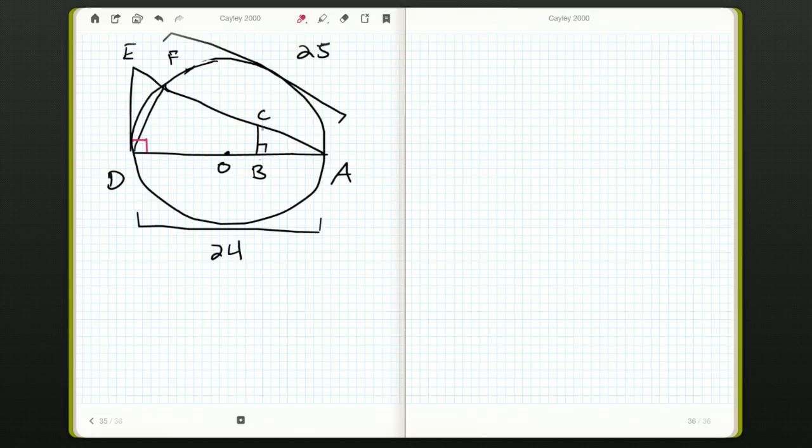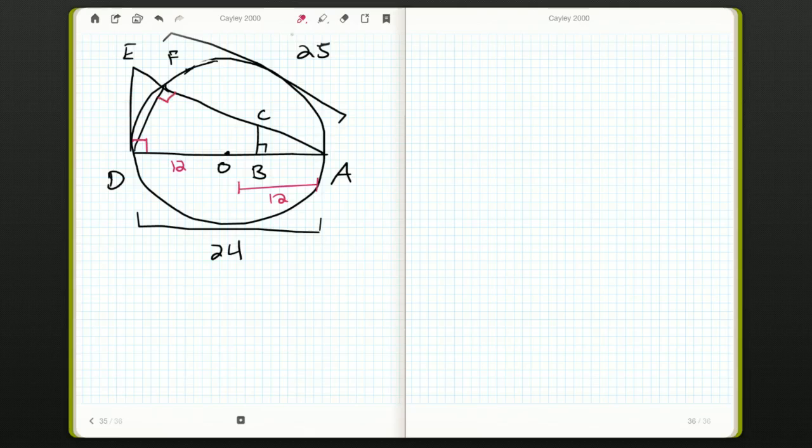And so if CB cuts in at a right angle, ED should also cut in at a right angle. Another thing we can notice is that DO is 12 and OA is 12, because we're told that DA is 24 and it's clearly a diameter. So splitting it in half with the center means 12 on either side.